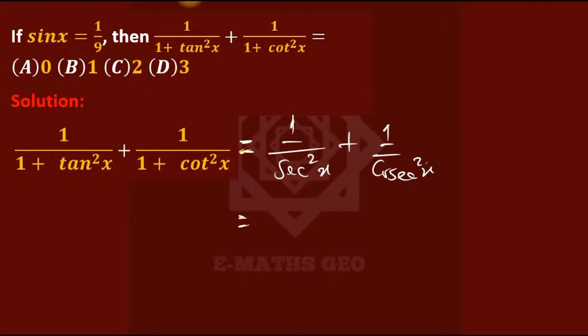We know that sec is 1 over cos, so 1 over sec is now cos, so cos squared. Cosec is 1 over sine, meaning that 1 over cosec is now sine, so I have sine squared. Now, from our Pythagorean identity, the first one, this is equal to 1. So we don't even need sine x is 1 over 9; with the identity, we've proved it first. So that's the answer, option B.